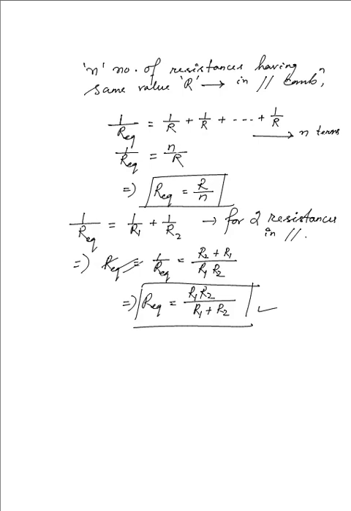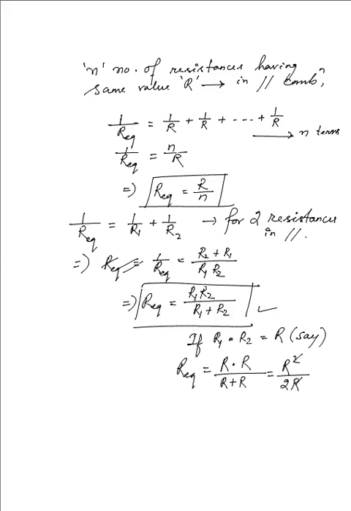If R1 was equal to R2, and let us suppose this is R, then we have R equivalent equal to R multiplied by R divided by R plus R. So we have R squared by 2R, so one of the R's can get cancelled out.